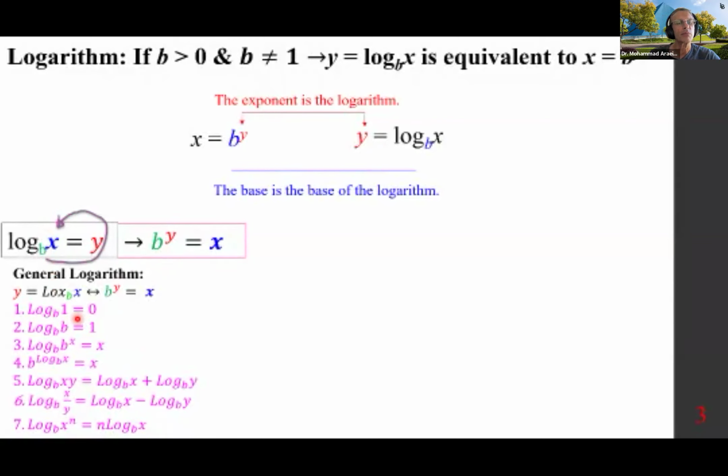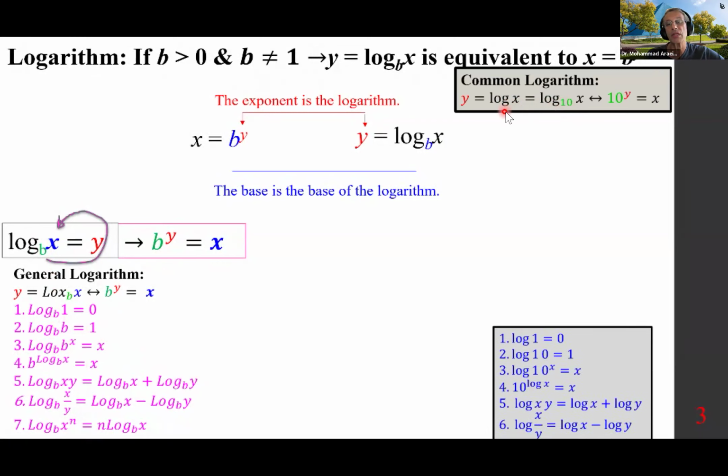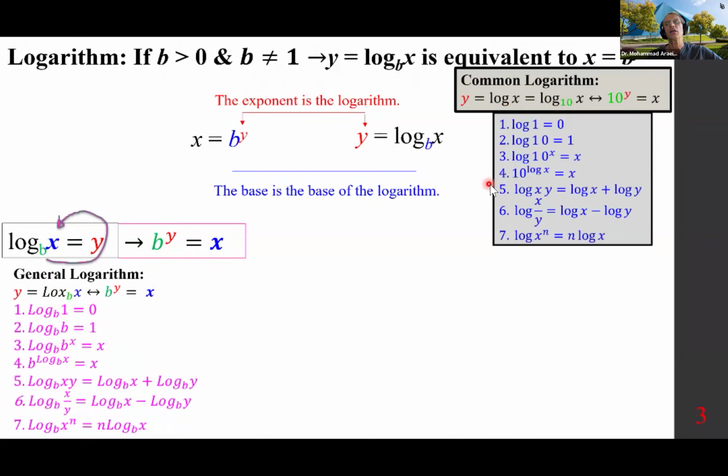For example, b to the power of 0 is 1, b to the power of 1 is b, b to the power of x is b to the power of x, and the rest of them we've looked at the proof in algebra. For common log, log base 10, we don't write the base. Log x means the base is 10, and we can write the properties and formulas for common log.